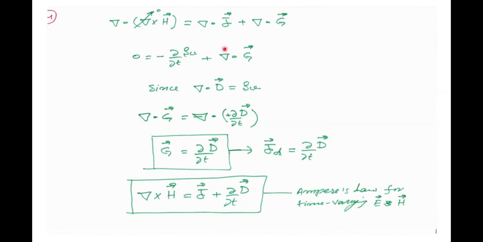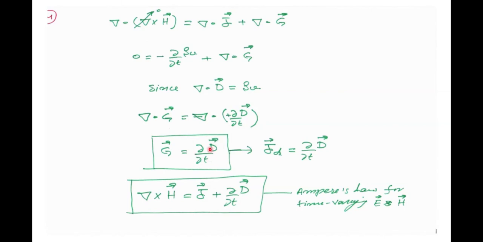By replacing del dot J by minus partial by partial t of rho v, plus del dot G, and as we know that del dot D equal to rho v, rearrange this equation. Finally we find that G equal to partial D by partial t. This term is known as the displacement current density.